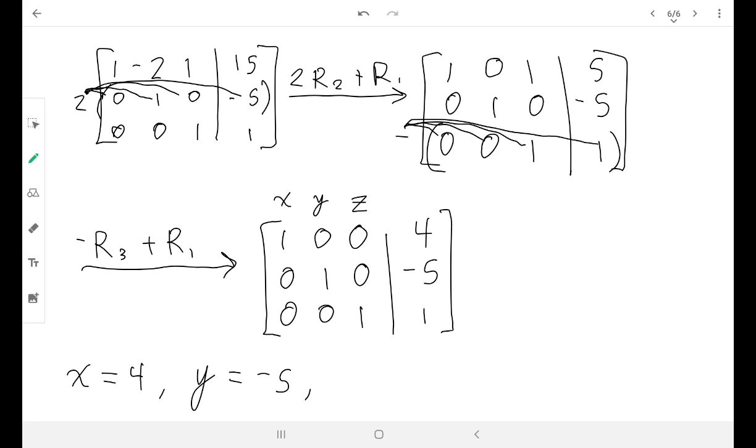And then in the last one, I've got 0x, 0y, and 1z, or just z, equals 1, giving me a three-dimensional point of 4, negative 5, and 1. And so that's how you do Gauss-Jordan elimination.